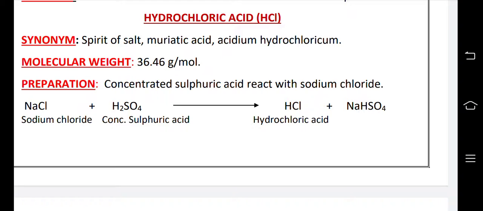And preparation: concentrated sulfuric acid reacts with sodium chloride to form hydrochloric acid. So this is the equation in which sodium chloride reacts with concentrated sulfuric acid to form hydrochloric acid. This is a very important compound.